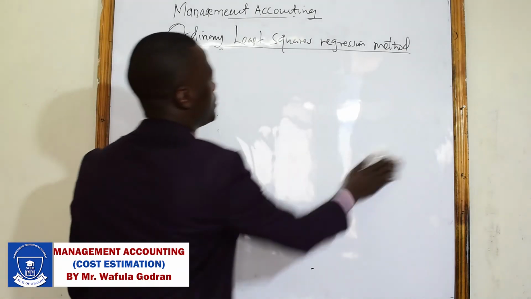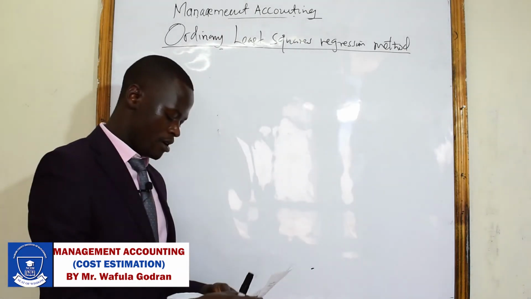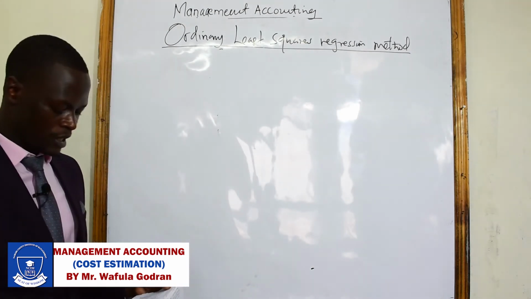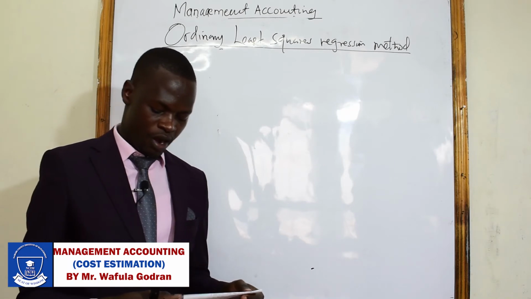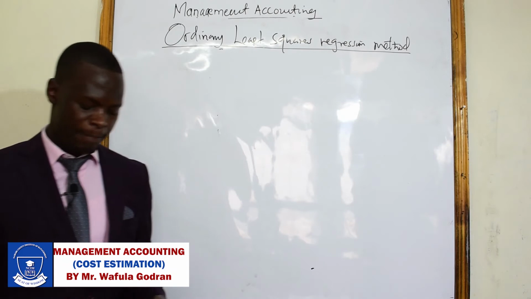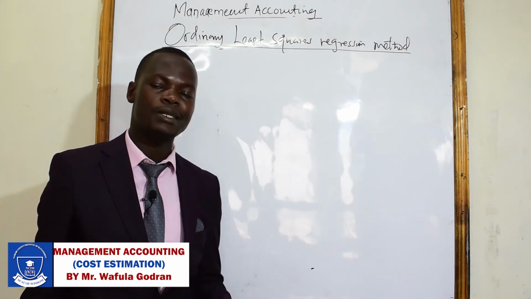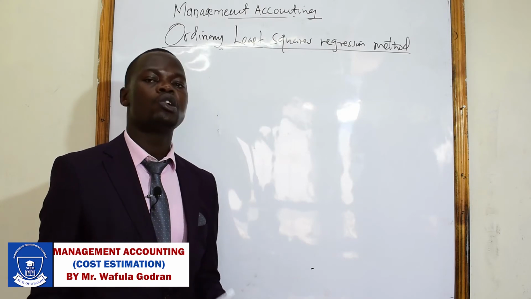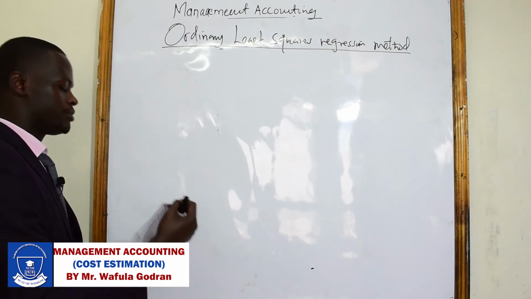The example here says, the table below shows the number of units of a good produced and the total cost incurred. And this is the table.